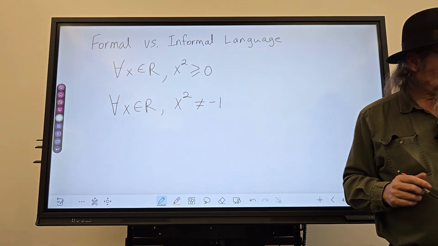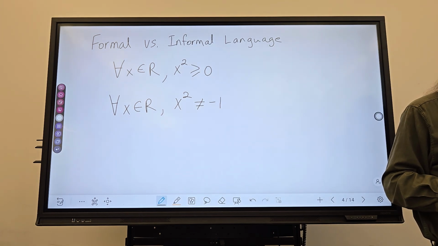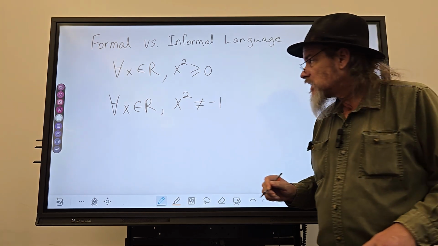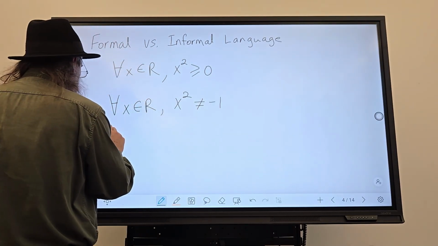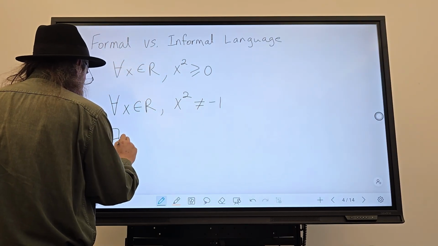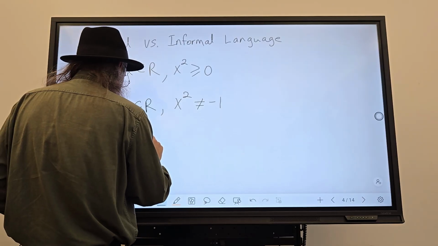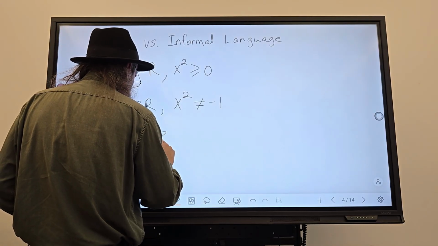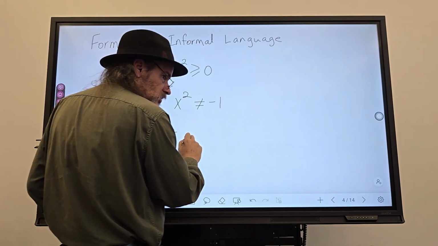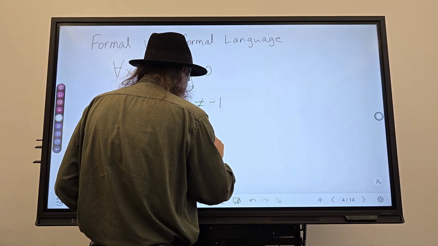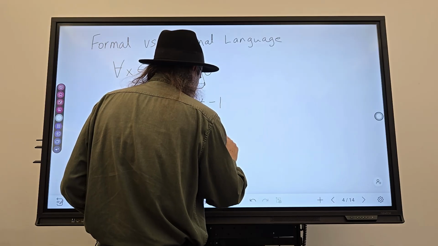So how about with an existential quantifier? The plus, right? Yeah. The plus such that m squared equals m.